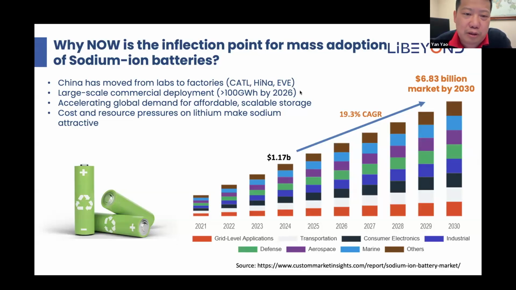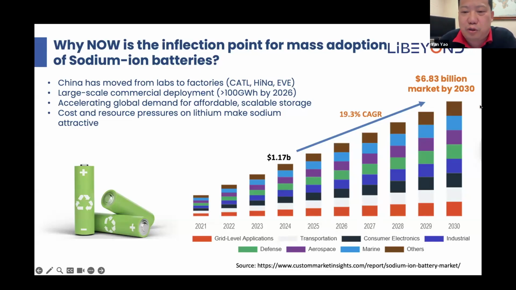And also global demand for affordable, scalable storage is accelerating, particularly with wind and solar combined with energy storage. And the current cost and resource pressure of lithium-ion also makes sodium a very attractive alternative. So on the right here shows the prediction of the global sales of sodium-ion batteries in the next 5 years, from $1 billion to more than $6 billion.